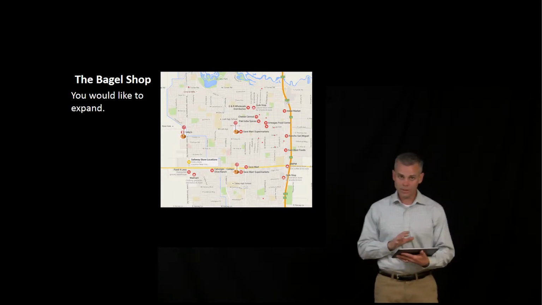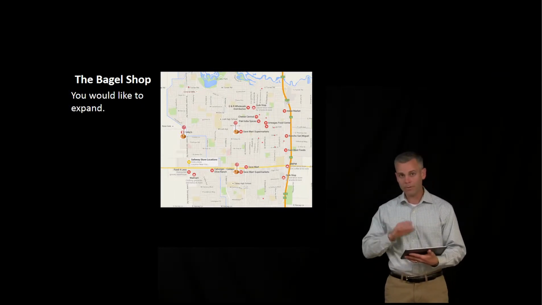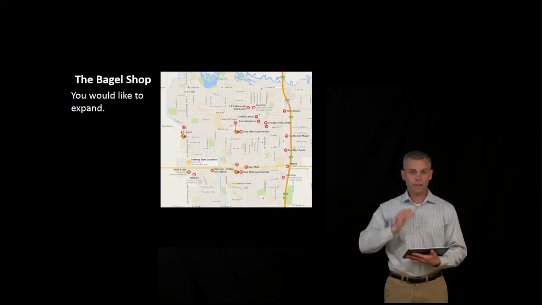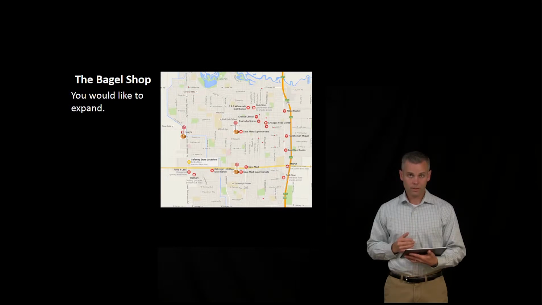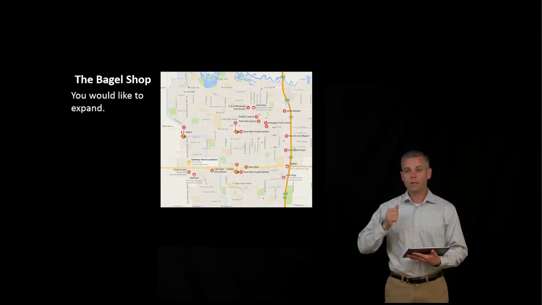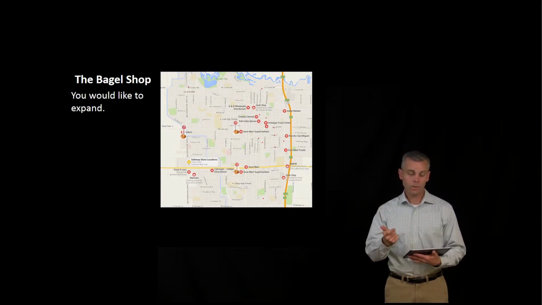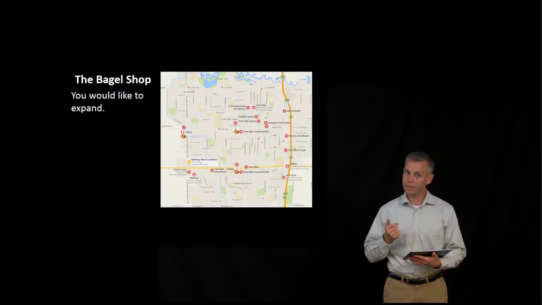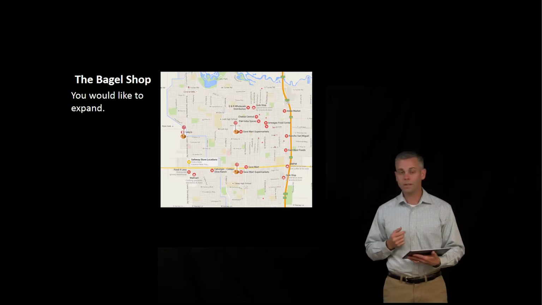What we're saying in this scenario, however, is that you, as a profitable bagel store owner in a small town, have expanded vertically as far as you can expand. You have already maximized your customer count, your average customer transaction, meaning how much money your customer pays you every time they come through your door. They're not just buying that bagel, they're also buying the orange juice and the coffee.